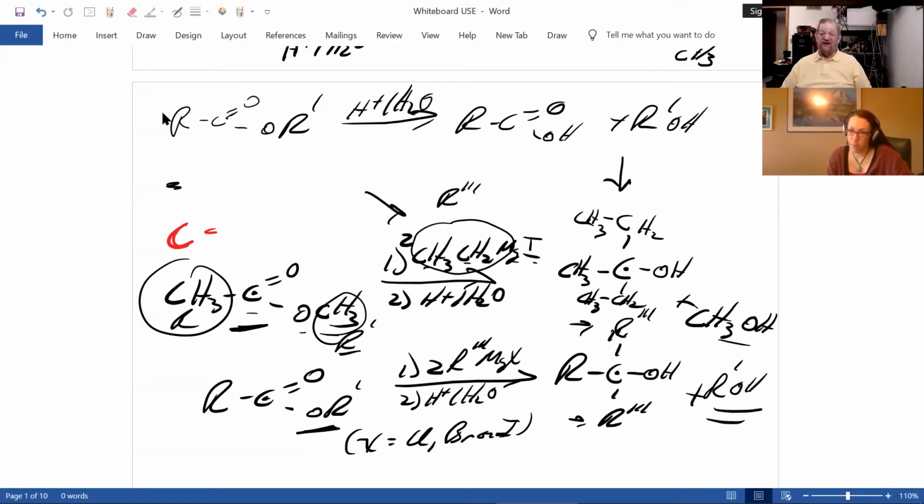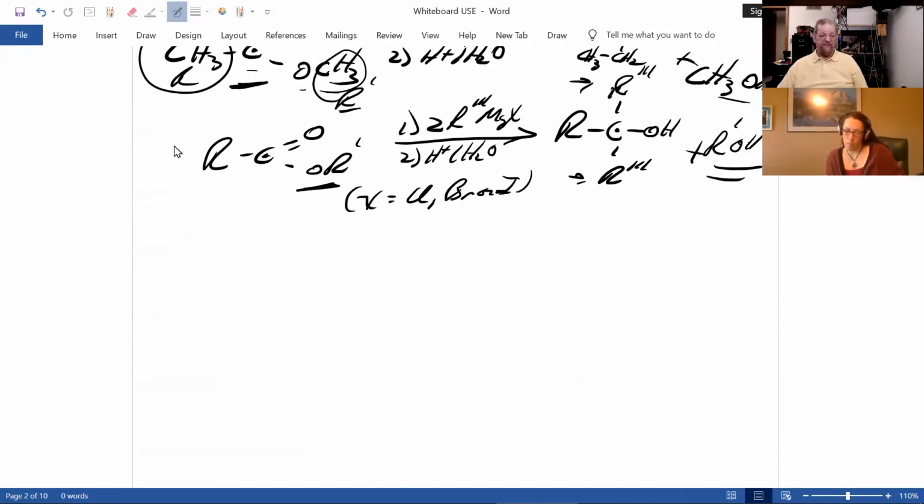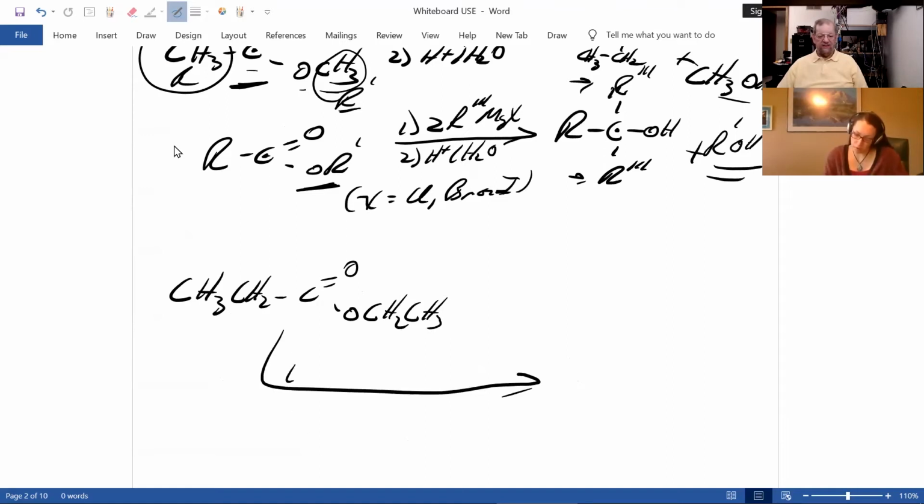And that's the beauty of Grignard reagents, especially reacting with ester. One thing I should mention, this reaction, I will never put a synthesis problem on a test.